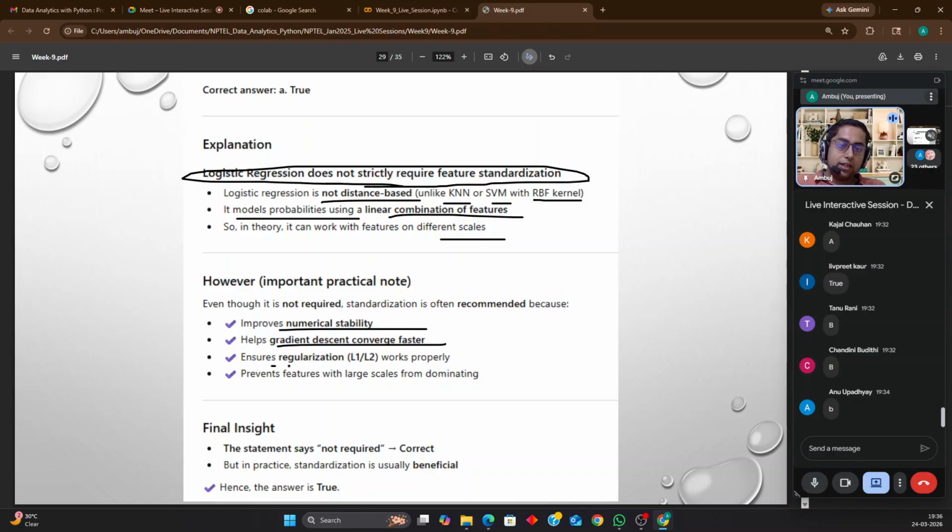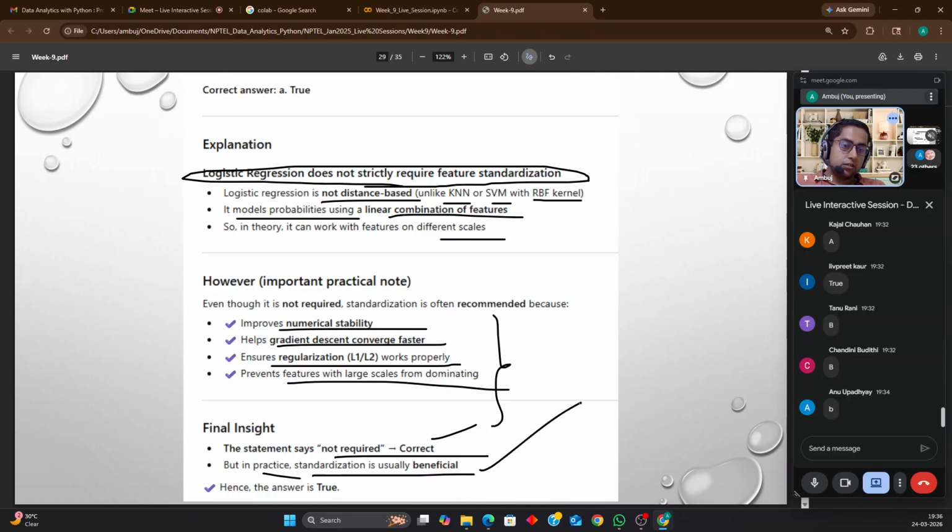It will ensure the L1 and L2 regularization work properly. It will prevent features with large scales from dominating. So the statement says not required. It is correct. But in practice, it is usually beneficial.